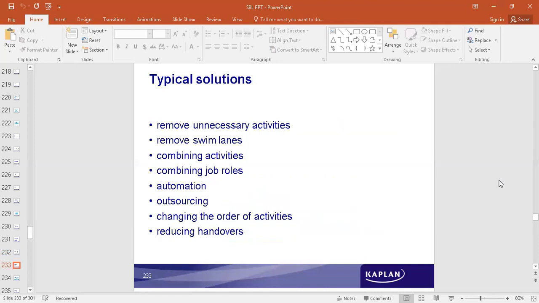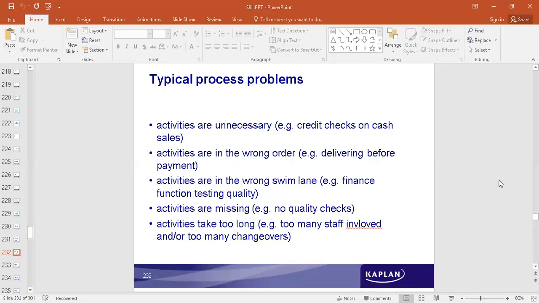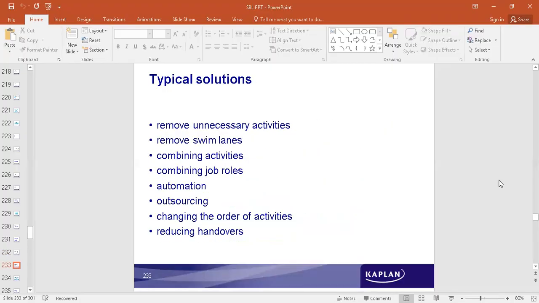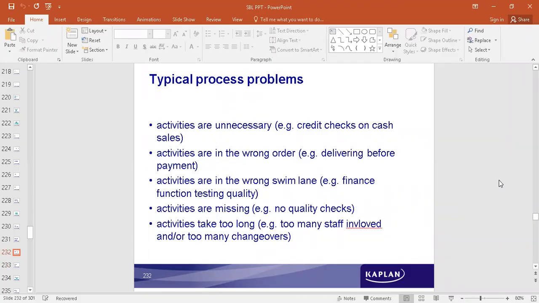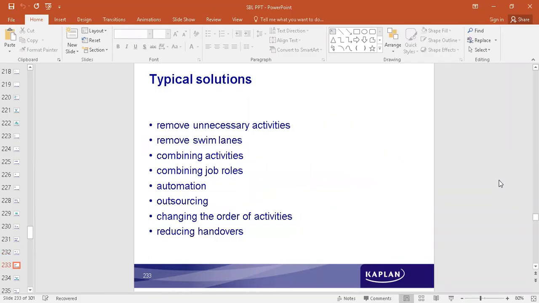If there are problems, identify them, check on the problems and find solutions for them. Remove any activity which is unnecessary, non-value added activity. Remove the swim lanes, so do not very specifically define the course of action, with each one looking into the same set of activities. Remove the swim lanes, combining activities, combining job roles. Think about automation when the work is not effectively carried on by the human.